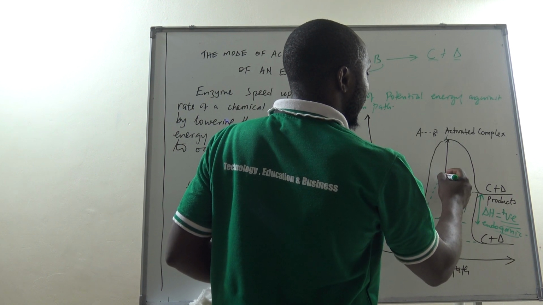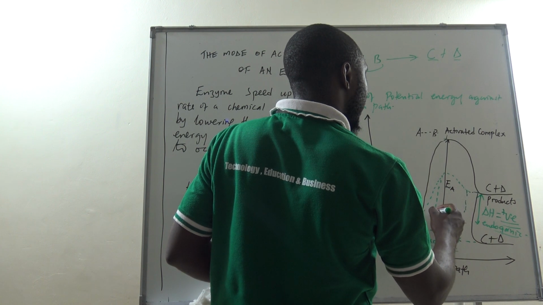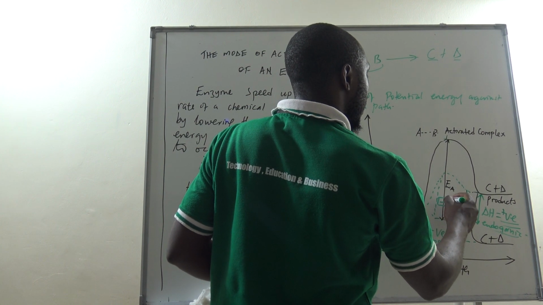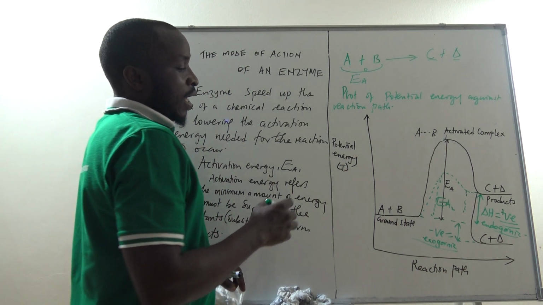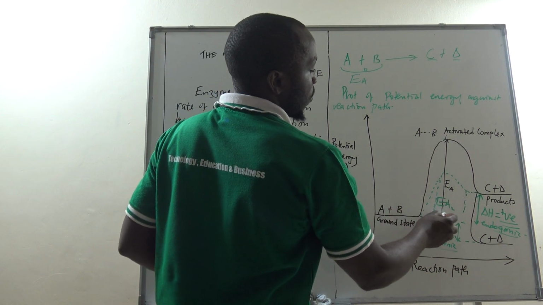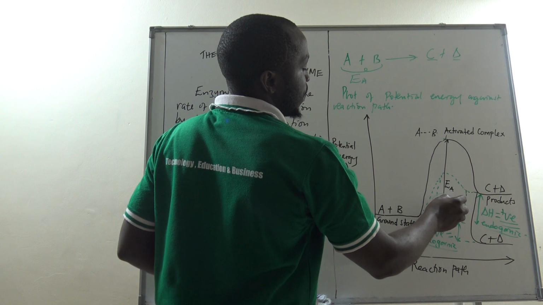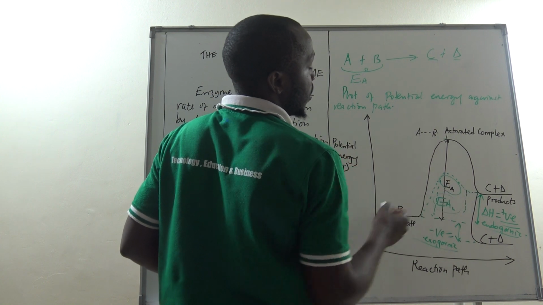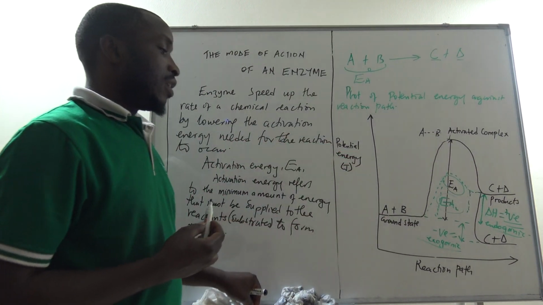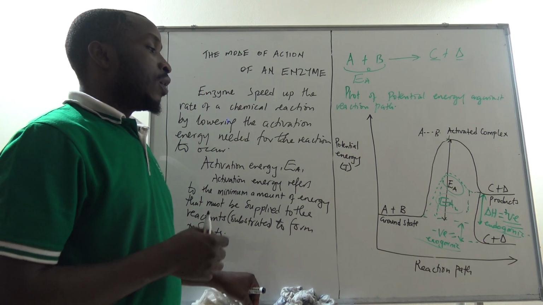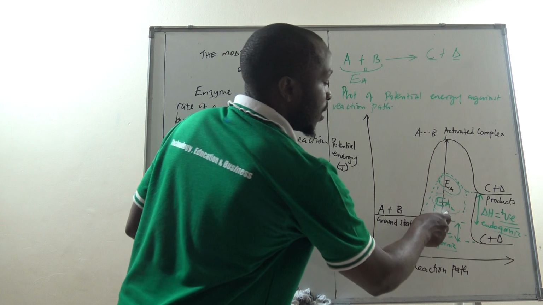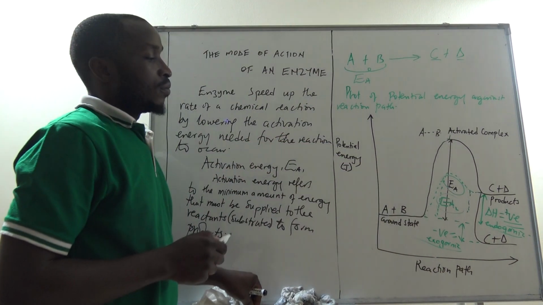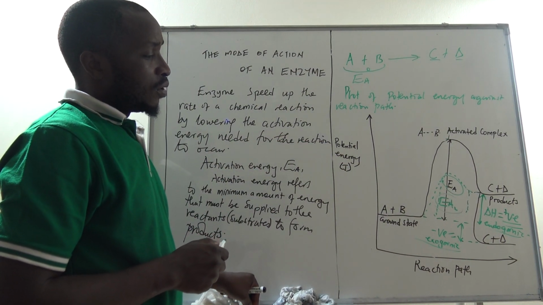So the energy that is required, if I call it EA2, of an enzyme controlled reaction would be lower than the one of uncontrolled reactions.